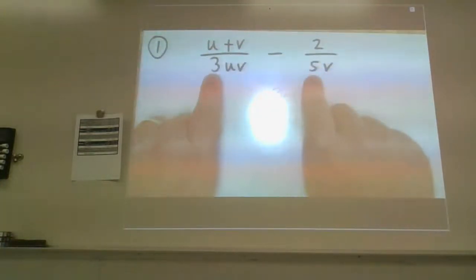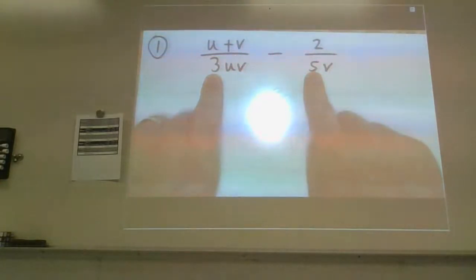In fact, with the 3 and 5, you could go back to your elementary school common denominator skills, and figure out the least common multiple between 3 and 5, which in this case is 15. We need to get both of these denominators to look like a 15 with some letters mixed in.